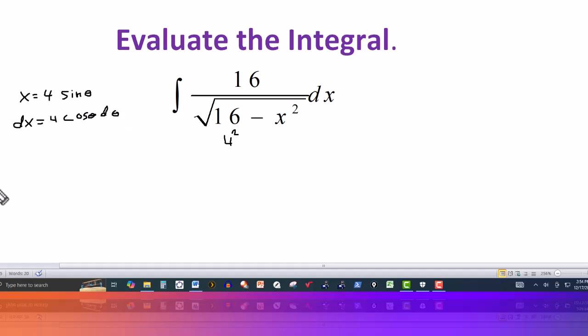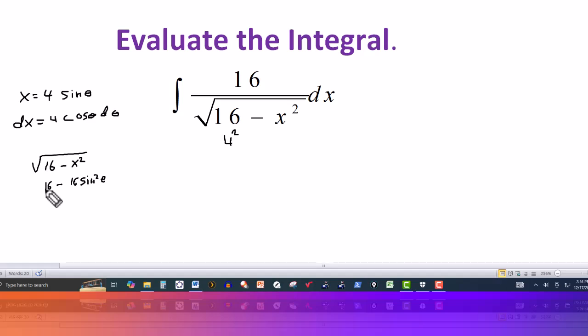Now if we make the substitution in this radical here, so we got the square root of 16 minus x squared, but the x is 4 sine theta, so this would be 16 then. And if I square the x here, I get 16 sine squared theta.